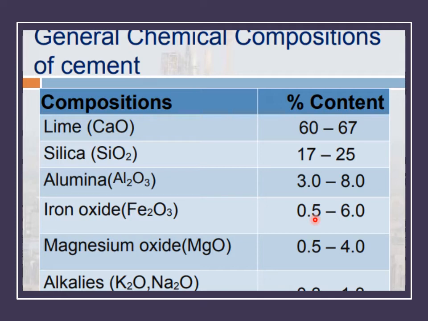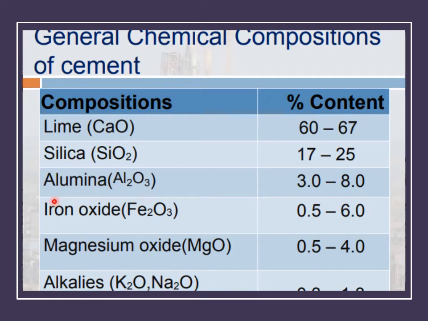Now let's check out the general chemical compositions of cement. Cement basically is nothing but lime. When I say it's a binder, it should definitely contain CaO. So lime is around 60 to 67 percent, and silica is around 17 to 25 percent. Even in very early stages, before the production of cement, we used natural mud as a binding material, because even the soil has silica, which makes it a binder.